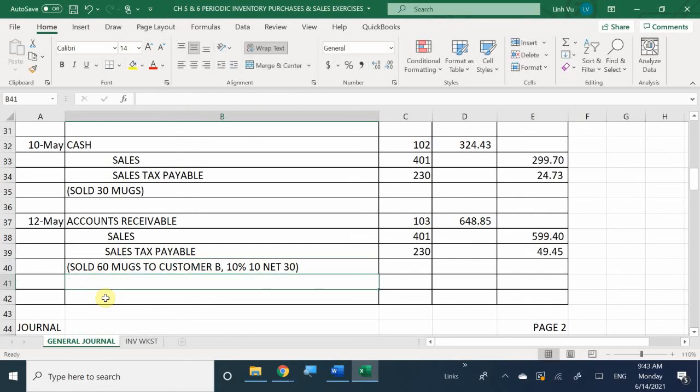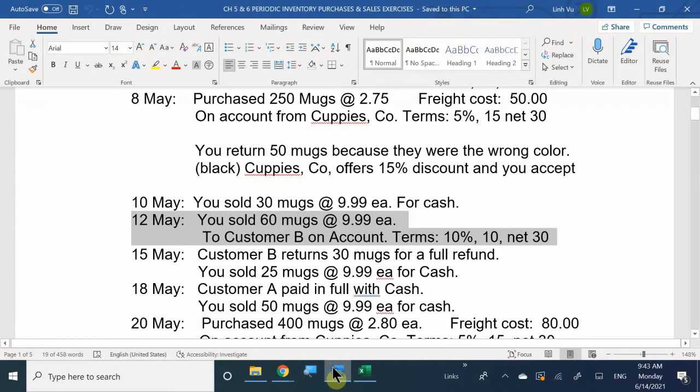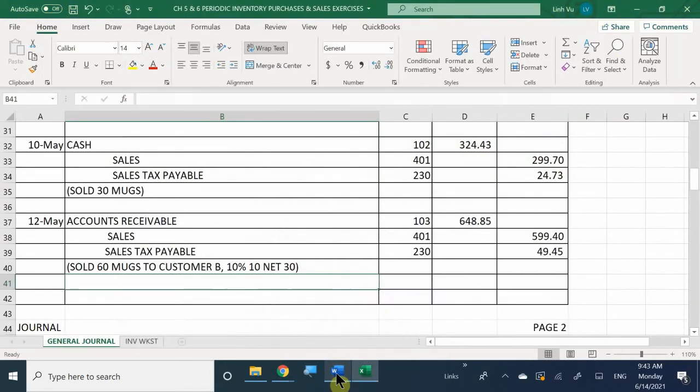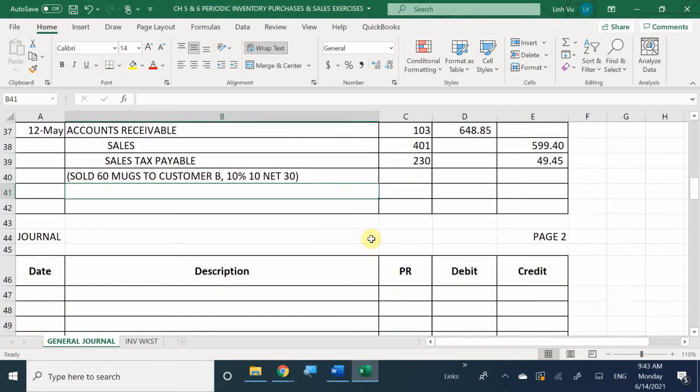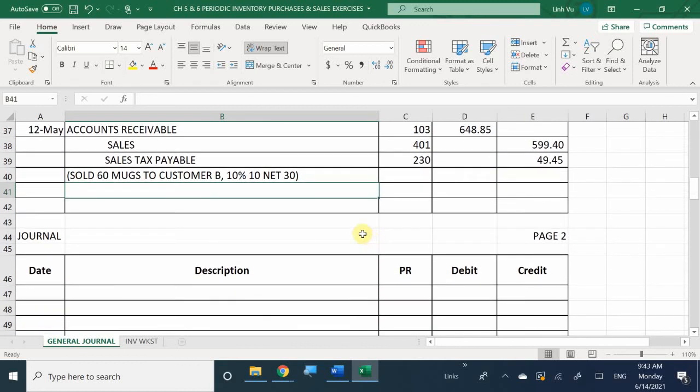Yes. Let's check it out. It should be 10% if they pay within 10 days. If not, the whole thing is due in 30. Okay. So there we have it. We reached the end of our first journal. So let's jump right into journal number 2.